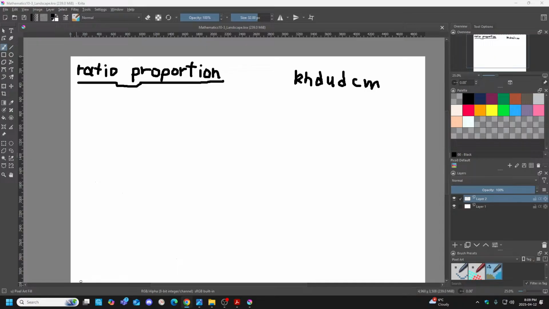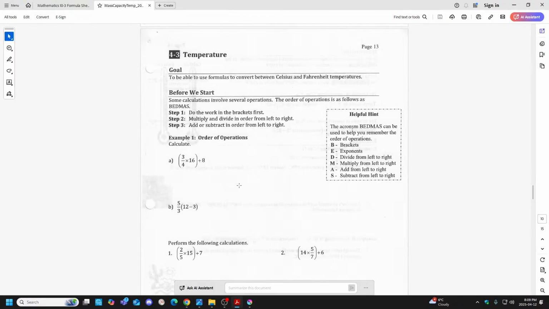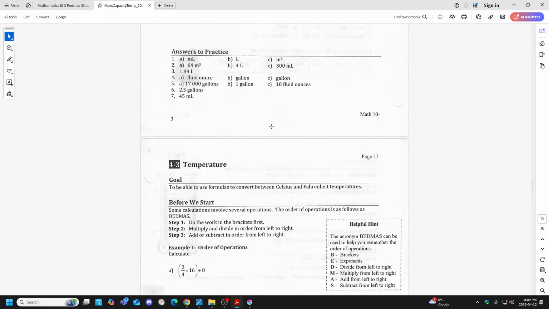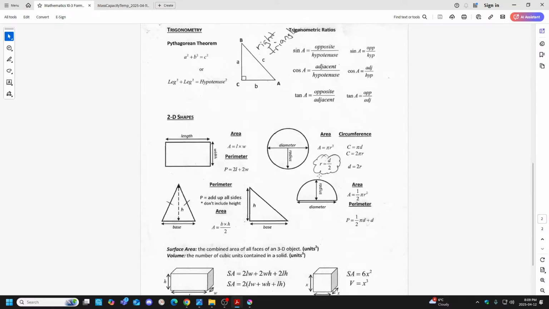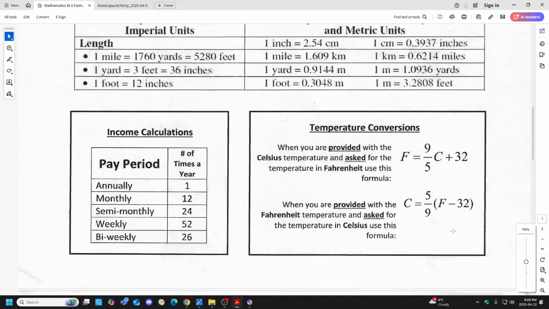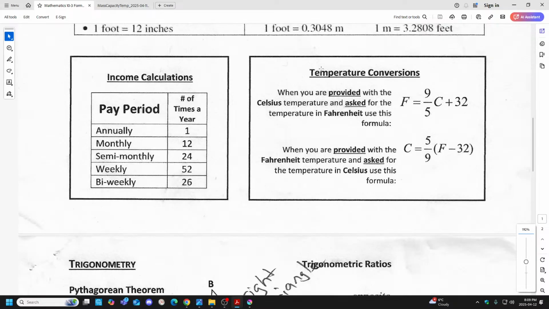All right, let's get to work, guys. Let me explain why we have to do this. If you can see, we have the temperature conversion formulas. This one's for if you want to know the answer in Fahrenheit, and this one's if you want to know the answer in Celsius, right?